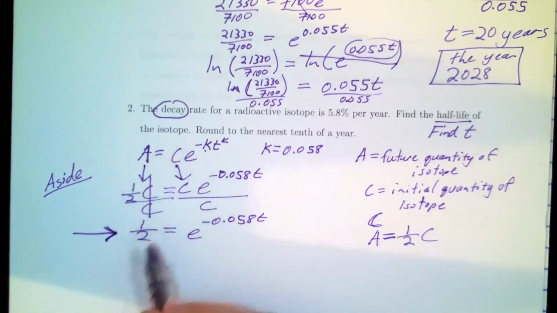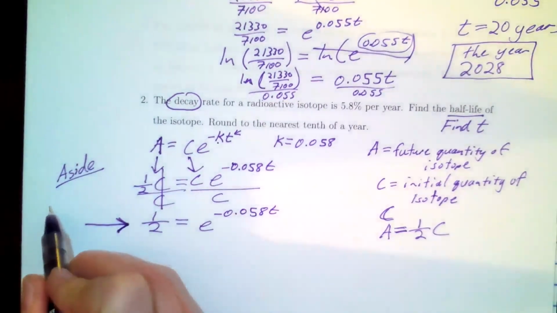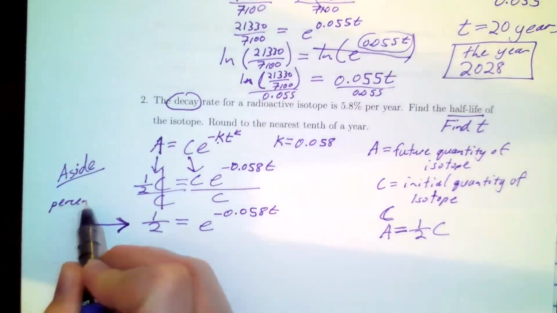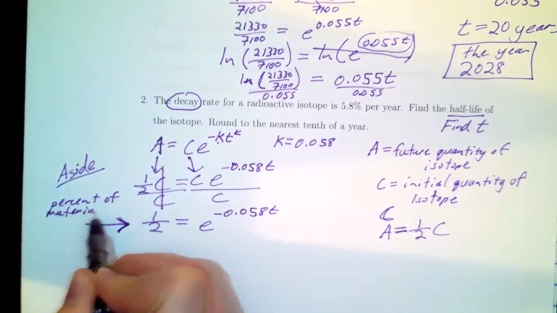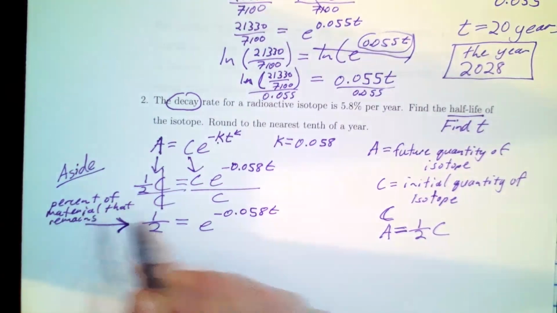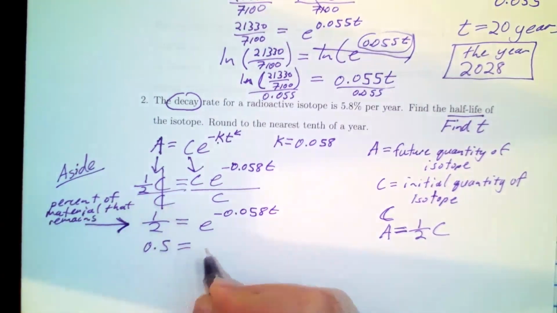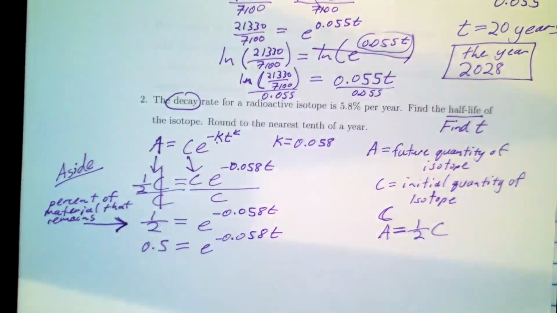So this 1/2, or 0.5, represents the percent of material that remains. In this case, that's 0.5, or 50%. It's an interesting consequence that will come back later.